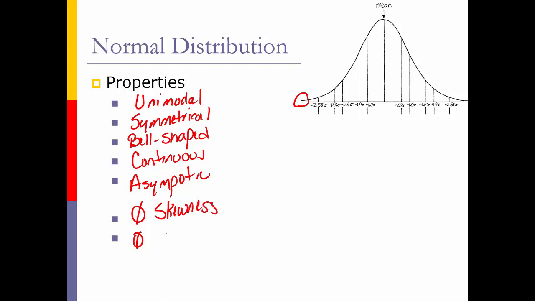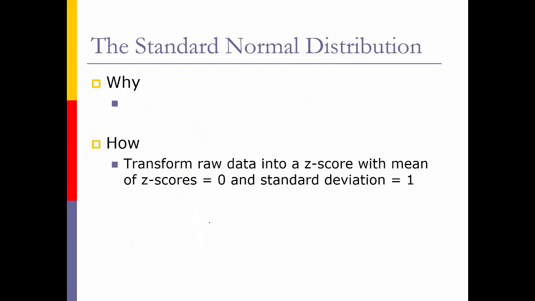It has zero skewness and zero kurtosis. So those are the basic properties of a normal distribution. Now the problem is we have an infinite number of combinations.